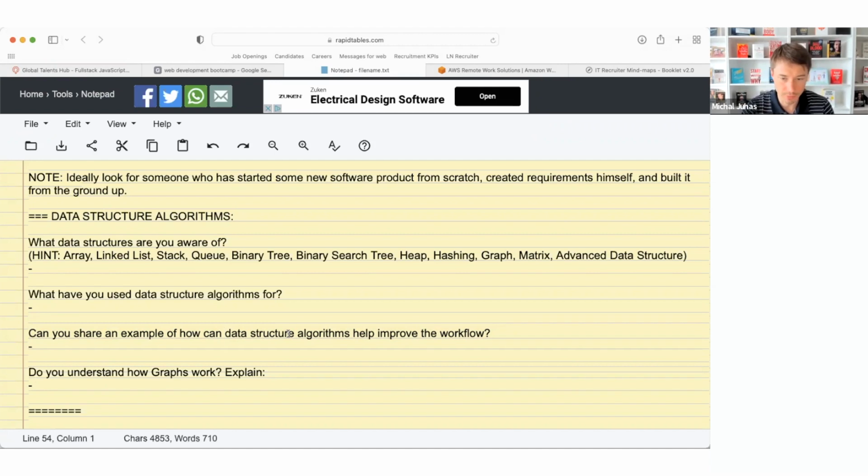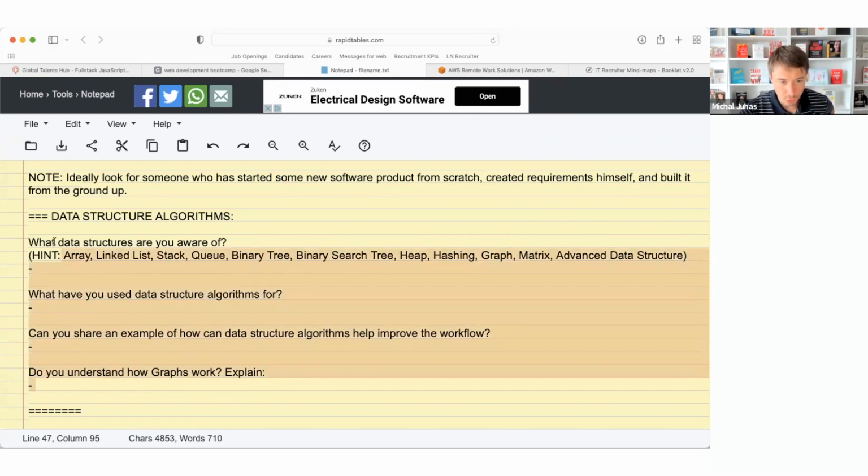So the person should have an example, maybe some test project he worked on or whatever else. Can you explain how graphs work? It's one of the data structures, as you can see, graph. After these 4 questions, we can clearly see if the person has an idea about data structure algorithms or not.